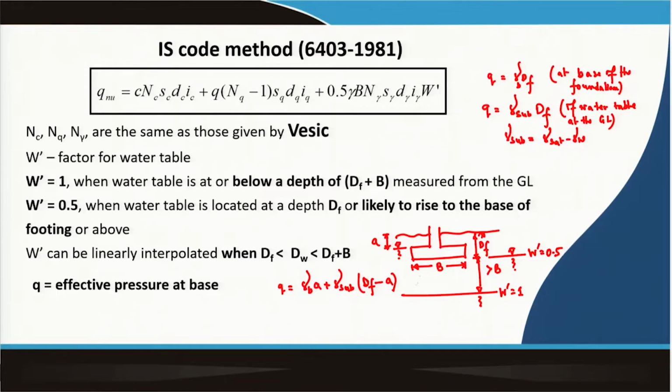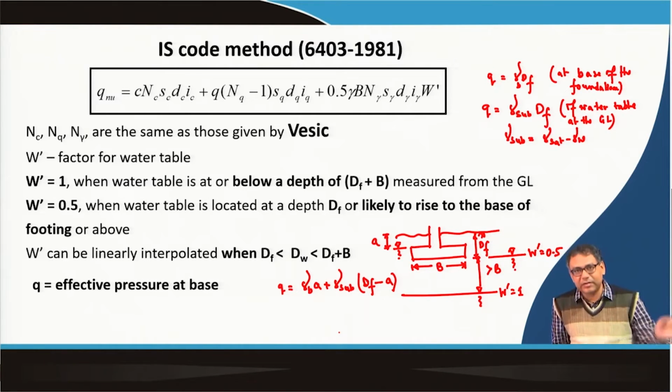Because we have to consider the effective pressure at the base. Okay. So, what is the effective pressure? We have to consider the effective overburden pressure at the base. So, the surcharge will always be effective, and this is the way we can incorporate the water table effect in both the terms, the first term as well as the second term as well as the third term also. Okay.